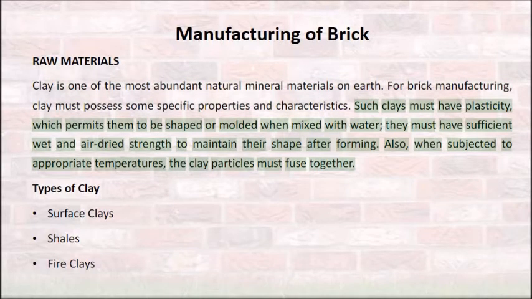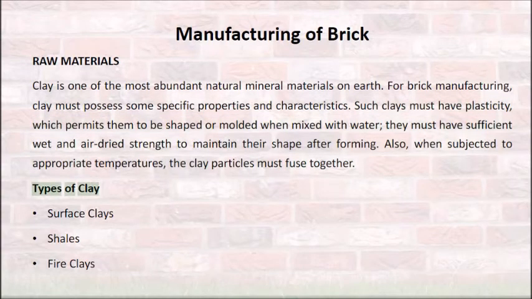Such clays must have plasticity, which permits them to be shaped or molded when mixed with water. They must have sufficient wet and air-dried strength to maintain their shape after forming. Also, when subjected to appropriate temperatures, the clay particles must fuse together.